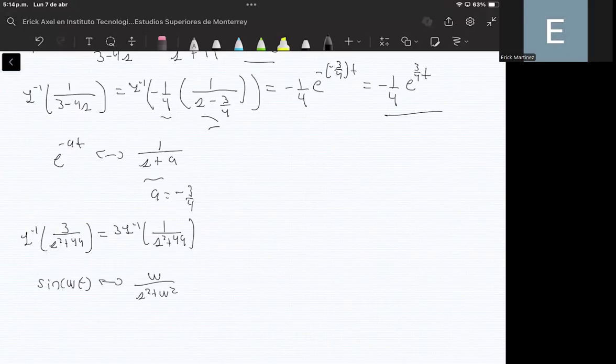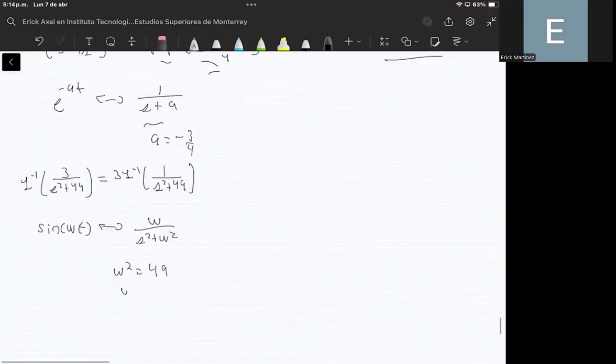The problem here is that, well, we can conclude based on this comparison that omega squared should be equal to 49. So omega should be equal to 7. The problem is that in the numerator, we don't have omega. So what we need to do is to multiply the numerator and denominator by 7, or by omega in this case. So we can say that 3 over 7 times the inverse Laplace transform of 7 over s squared plus 49.